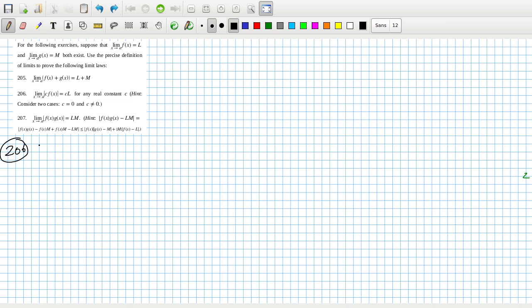So that means for all epsilon greater than 0, there exists a delta greater than 0 such that if |x minus a| is less than delta, then |c f(x) minus cL| is less than epsilon.